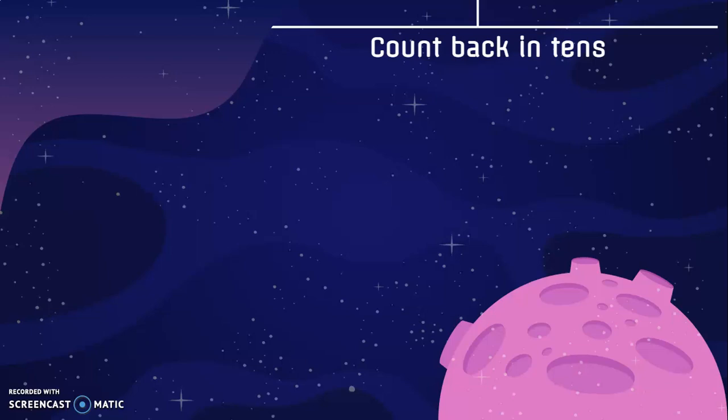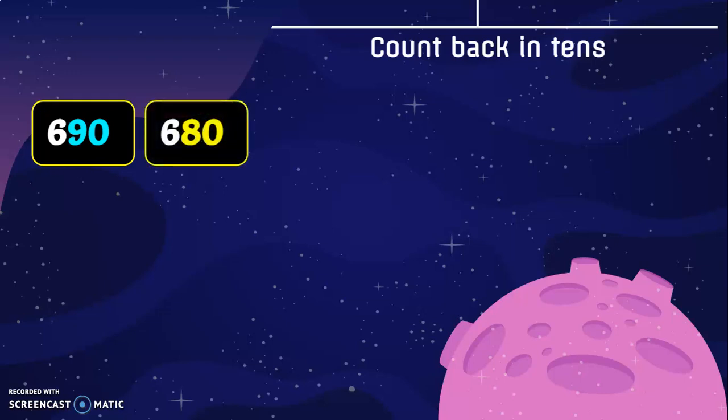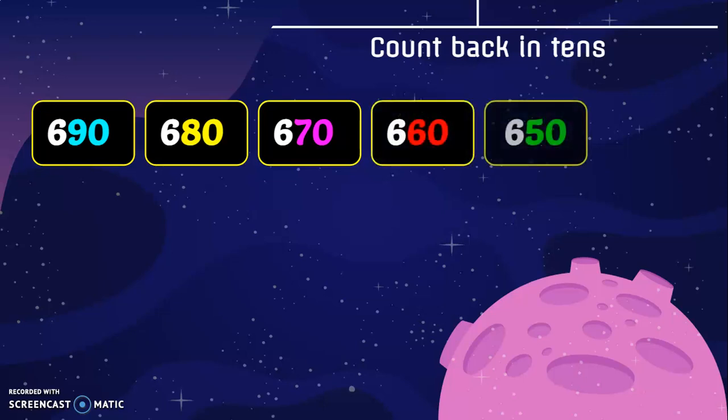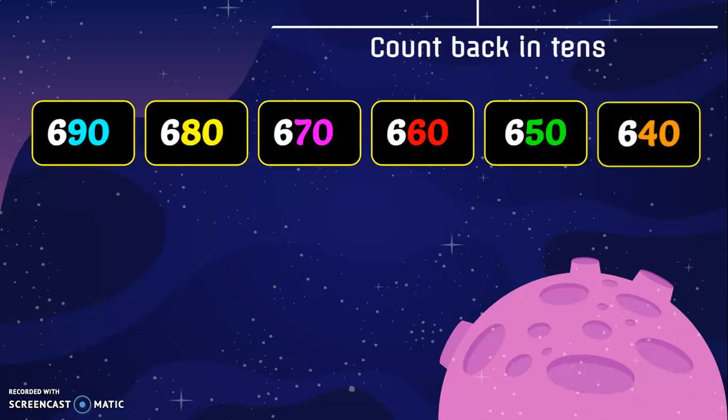Next, count back in tens. The first number I have here is 690, 680, 670, 660, 650, 640. This colored number here shows that it minus or subtract by 10.